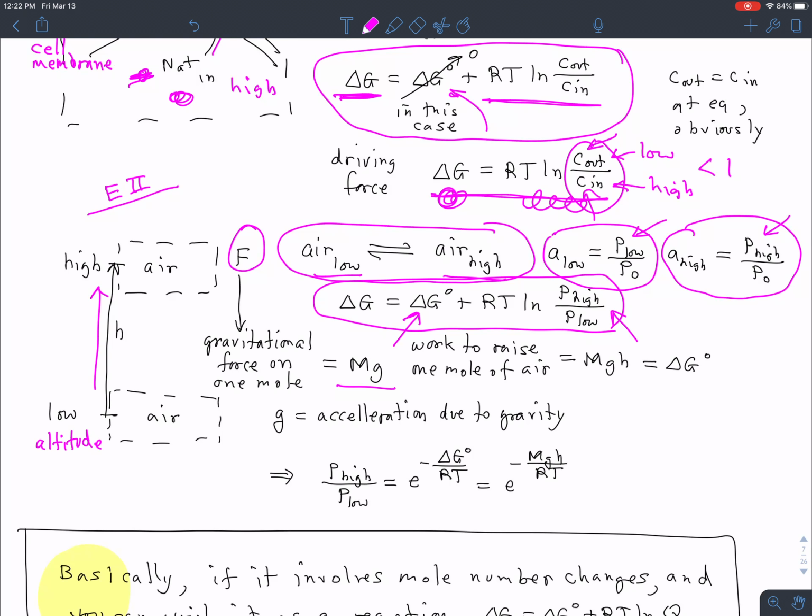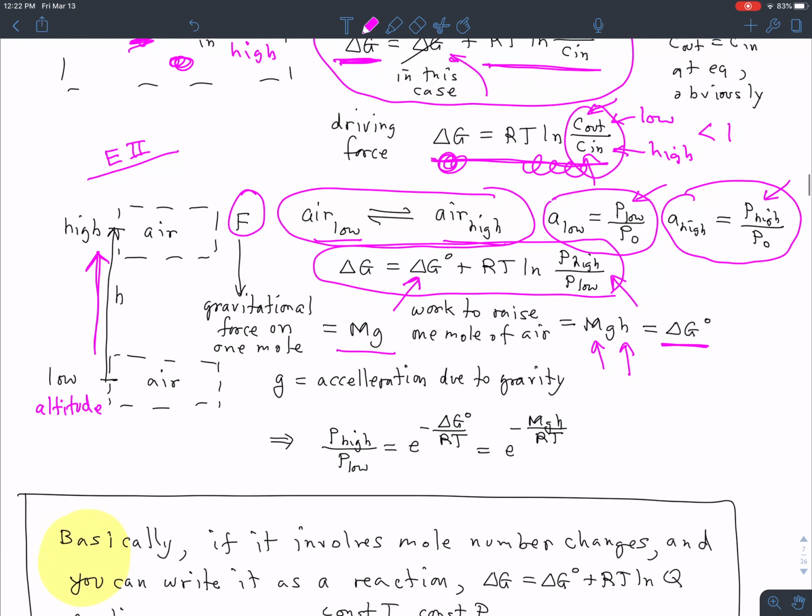And therefore, the work that you do is the force times the distance, so mg times the height difference between the two sides. And that work will then be our delta G 0. So I didn't write it here, but delta G is then equal to mgh plus RT log of P high over P low.